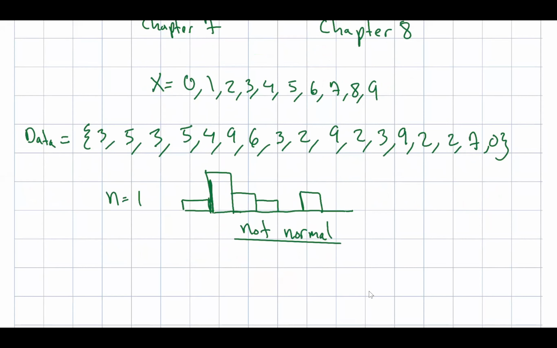Why is it not normal? If you look at all of the numbers, are all of the numbers equally likely to occur, or is there one particular number that is more likely to occur if we have numbers from 0 to 9?